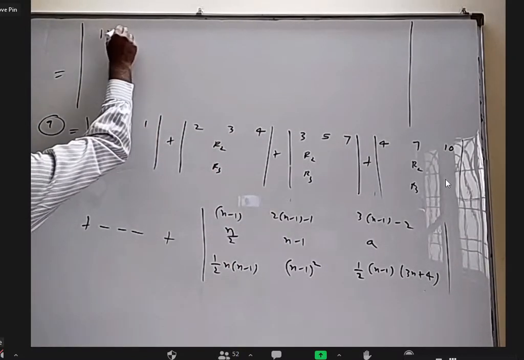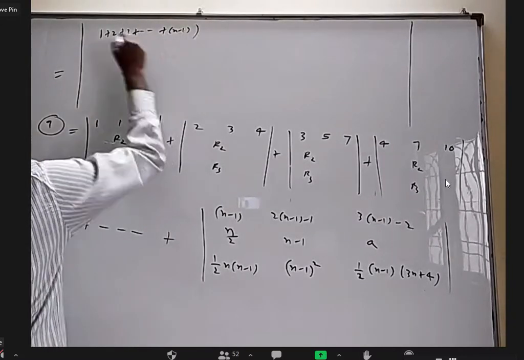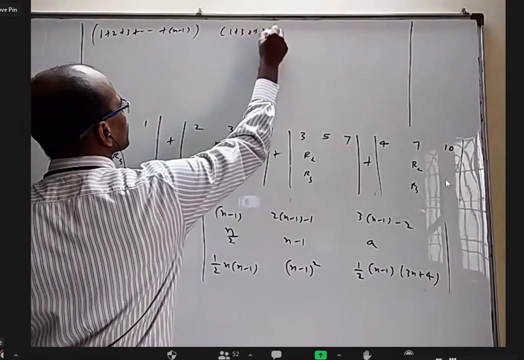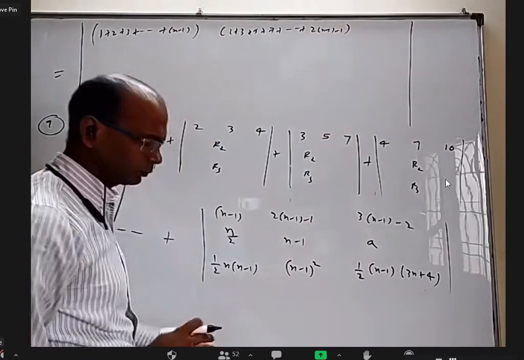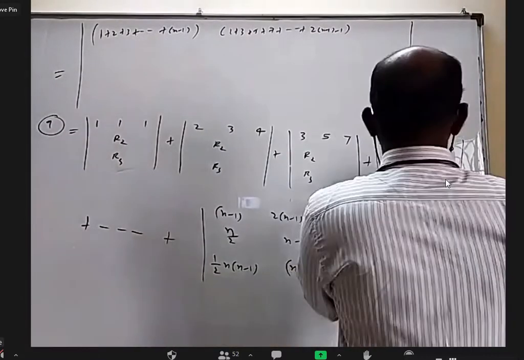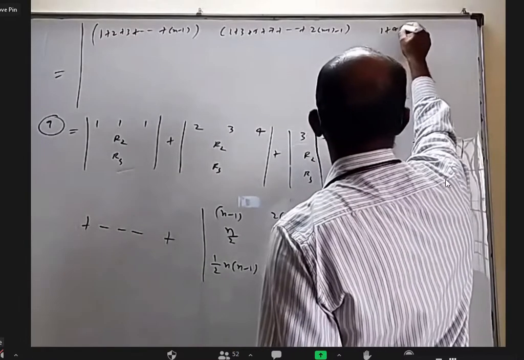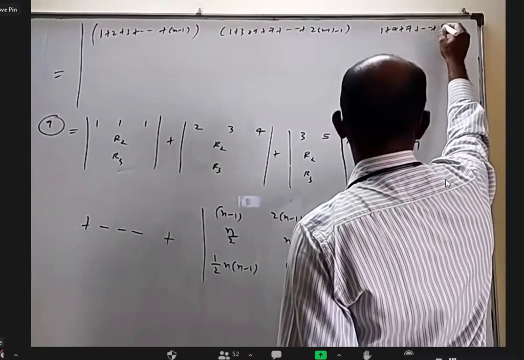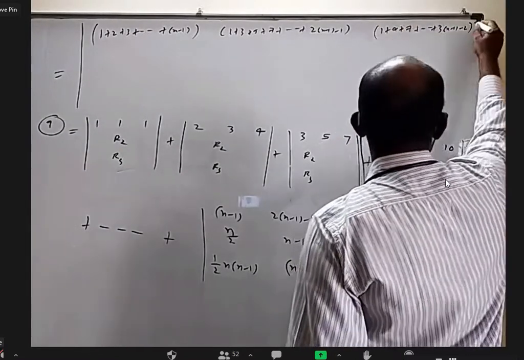Here I'll get 1 plus 2 plus 3, so on up to n minus 1. Here I will get 1 plus 3 plus 5 so on up to 2 into n minus 1 minus 1. Here I will get 1 plus 4 plus 7 so on up to 3 into n minus 1 minus 2.